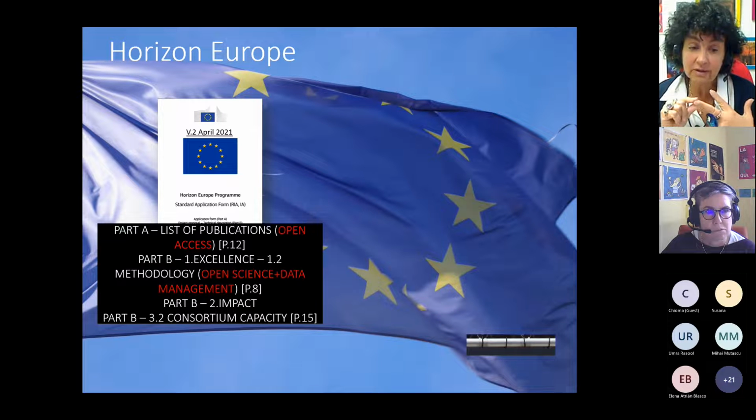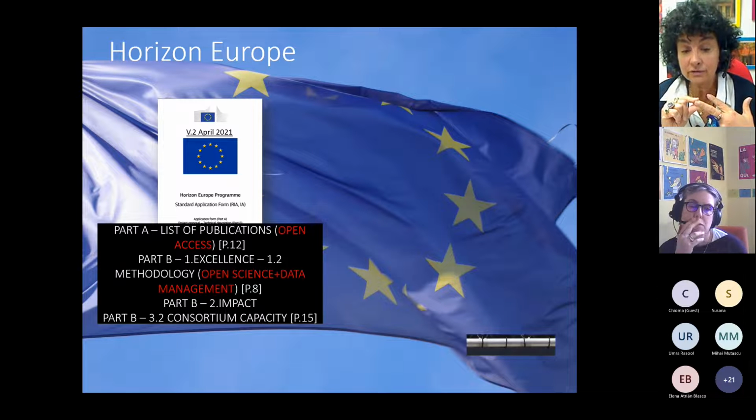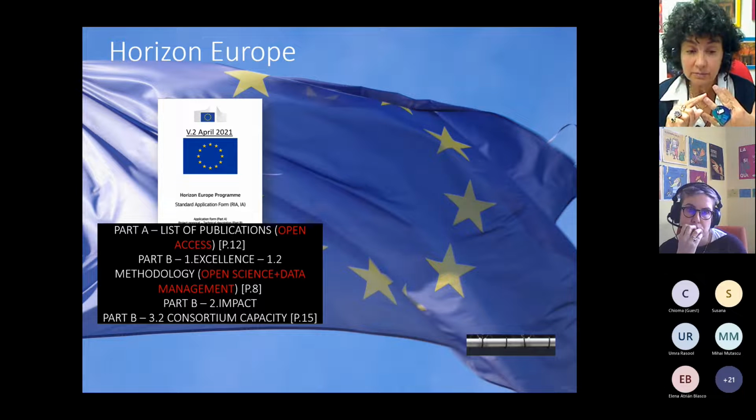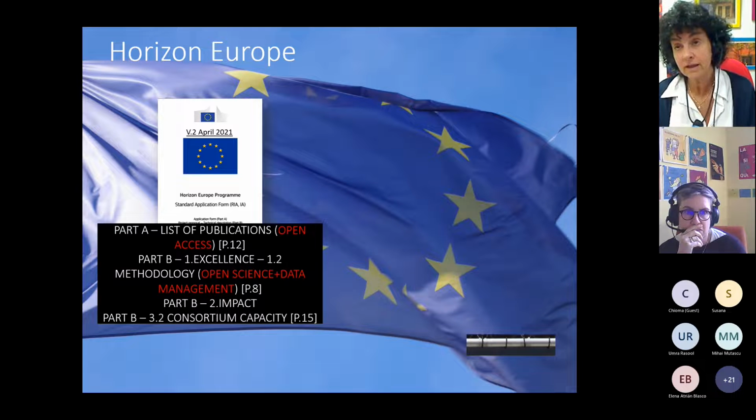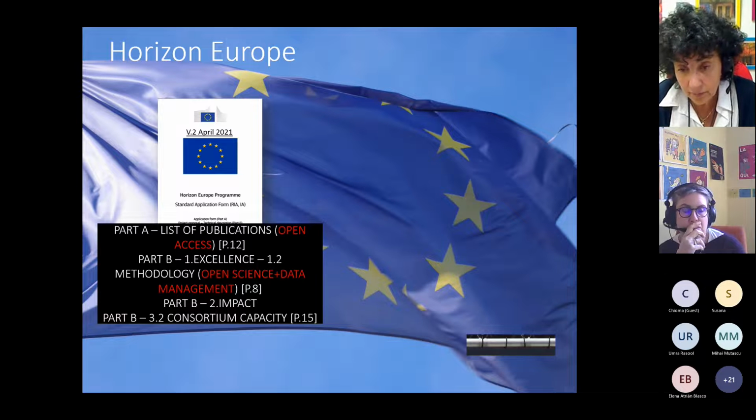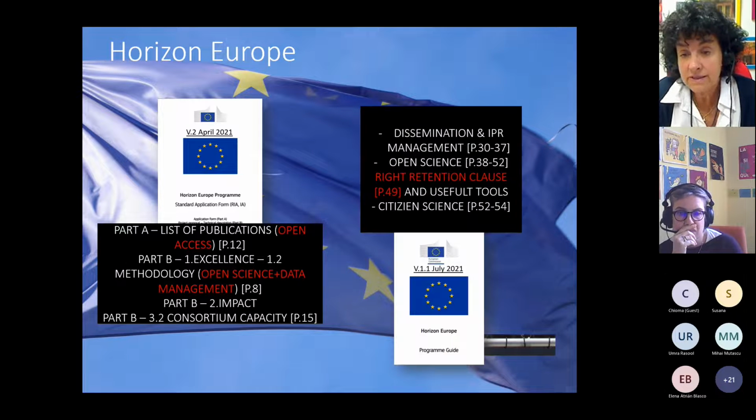Again, in part B, point 2, you have to show how you are going to maximize impact. And in part B, 3.2, in the consortium capacity, you have to show your skills as a partner, your skills in openness. And that's, I would say, the most relevant document from a practical point of view.